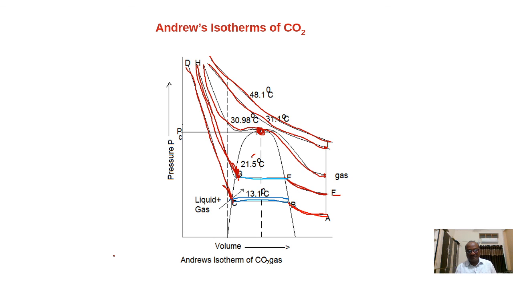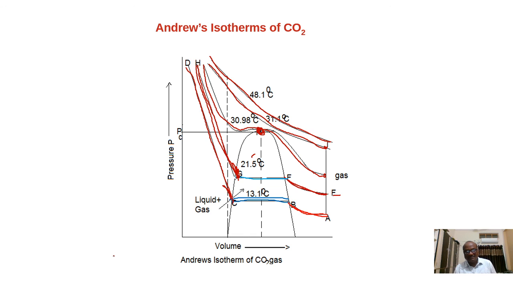Below critical temperature, how many states can you observe? 3 states you can observe. One is the gas state, second is equilibrium between the liquid and vapor or gas, third is the liquid state. But at a critical point, it is not possible to distinguish liquid and vapor or liquid and gas.